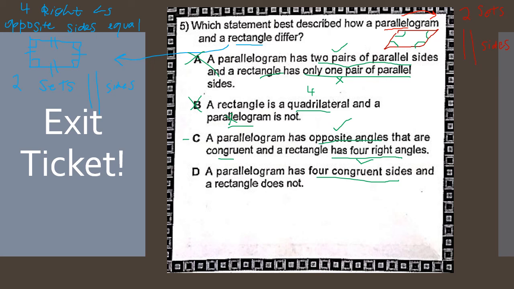A parallelogram does not have to have 4 congruent sides, so I'm going to X that out. And you know what? Neither does a rectangle. Oh, it says a rectangle does not. Okay, whatever. So I'm crossing that one out, and C would be my right answer. Pat yourself on the back if you got C.